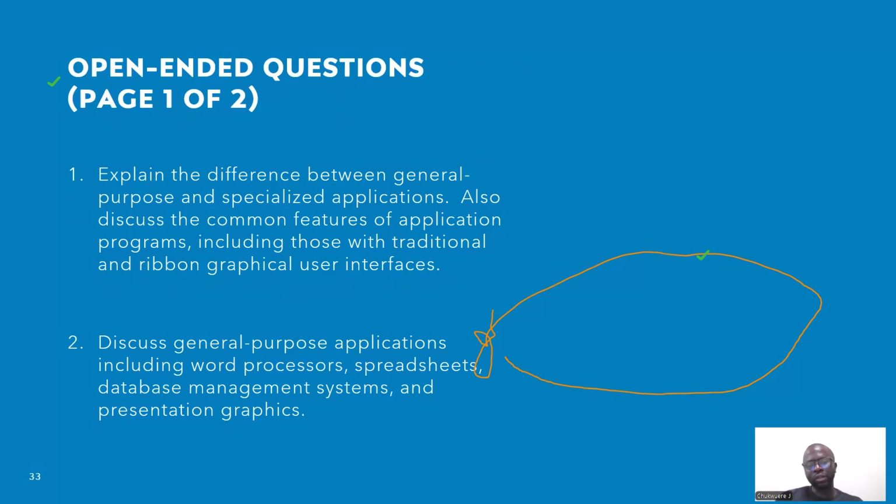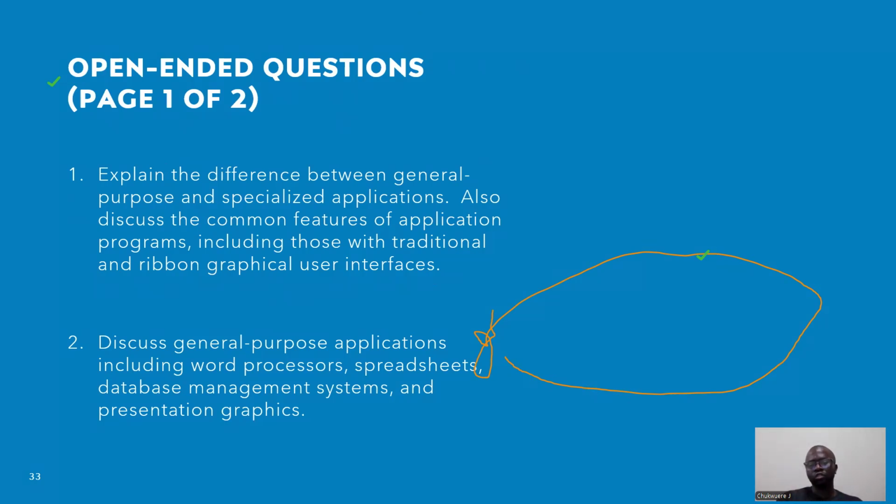Explain the difference between general and specific purpose applications. We talked about general, like your Word and so many other things, and you specialize in those, like video authoring and the rest. Also discuss the common features of application software, and that is it.